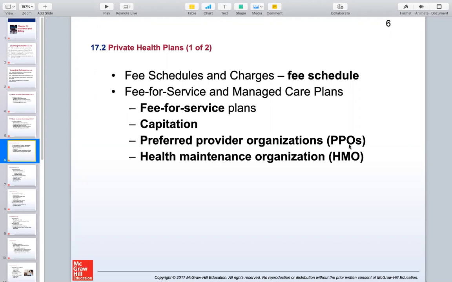Capitation has to do with your managed care plans, and they pay the providers that are participating within the plan. So again, these are your contracted providers, and they pay in one of two ways. Either by the contracted fees, so if I have a contract and it says you're agreeing to be paid this percentage amount, or we have fixed payments, which is called a capitation.